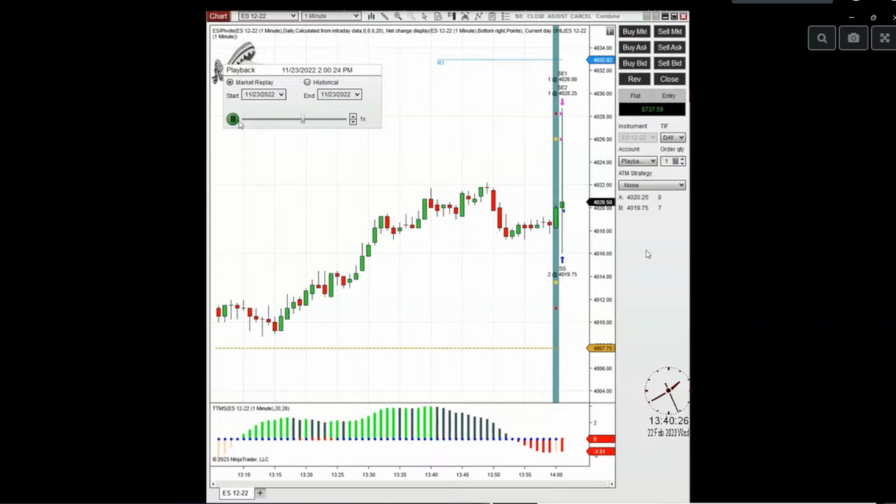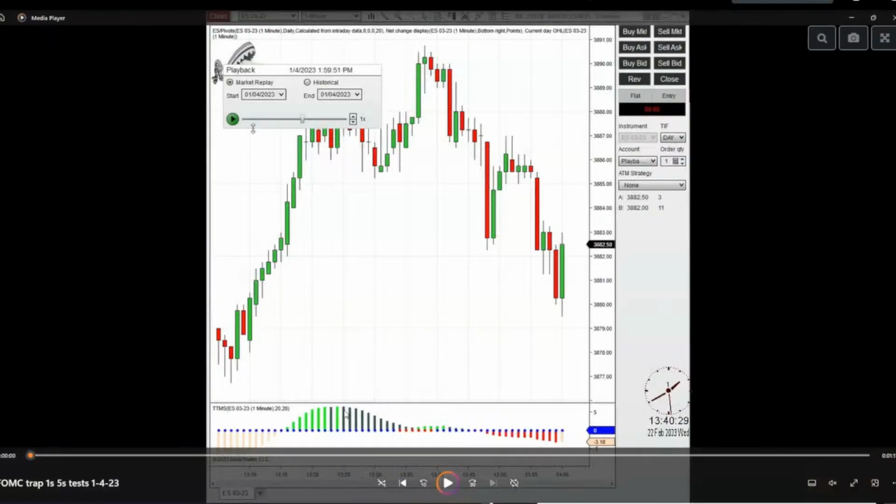So the testing on the trap trades has been good with our new setup. Last month was the first time we traded the trap trade setup, and it was a small profit.